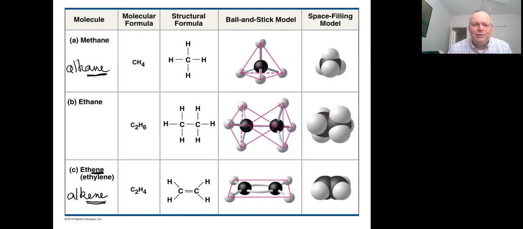There's really only one way of putting a double bond in a chain of three carbons. When you get to a chain of four carbons, then things change because you can form two different molecules depending on where you put the double bond. The same is true when you link carbons together by single covalent bonds. There's only one way to link two carbons together. There's really only one way to link three carbons together.